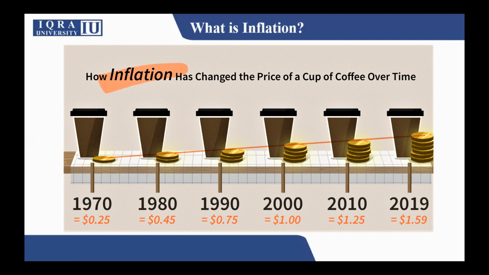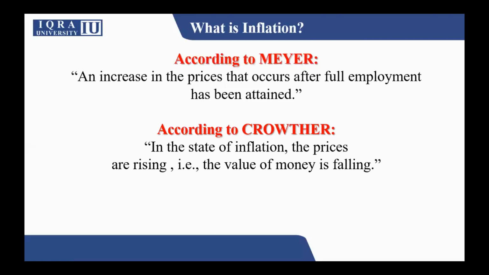Everybody knows that whenever the price rises, you have to pay more money to get the same goods and services. So the value of money is falling. This is the focus of economist Crowther. The last definition is explained by Colburn.